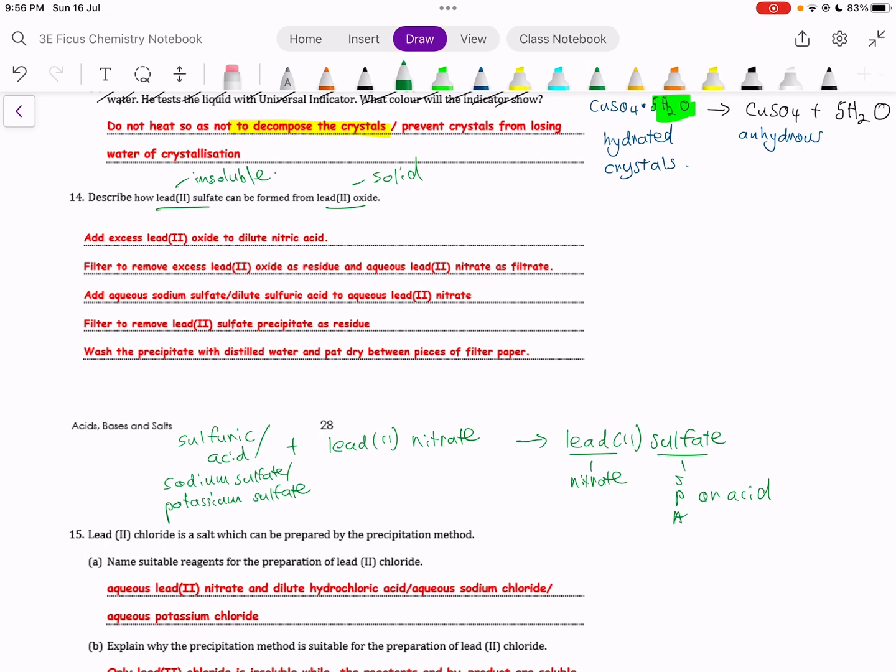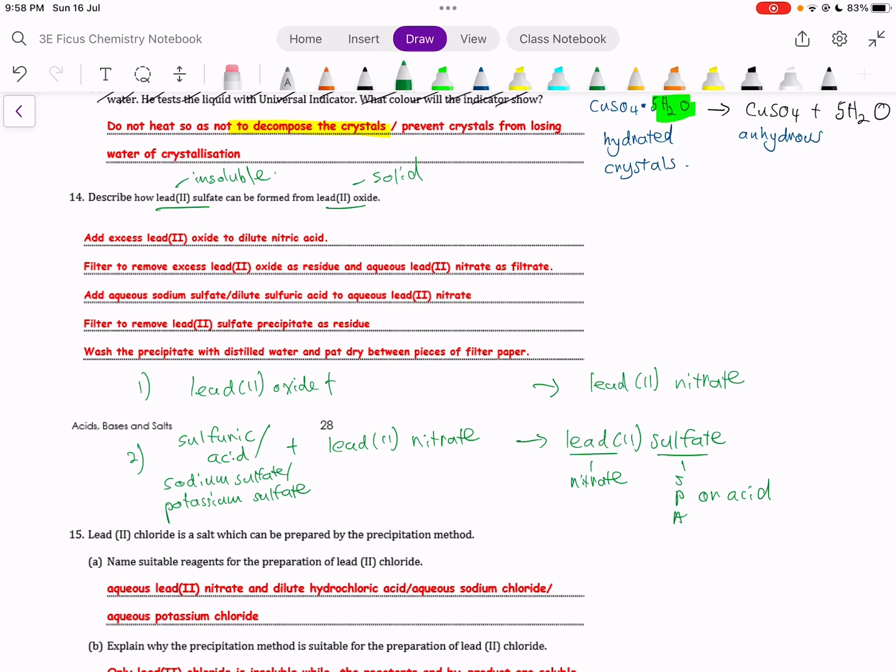But now the problem is this. You must start with lactose oxide. So you break into two parts. The first part will be trying to create lactose nitrate, which is actually a soluble salt. So what you have to do, you use the adding excess method.